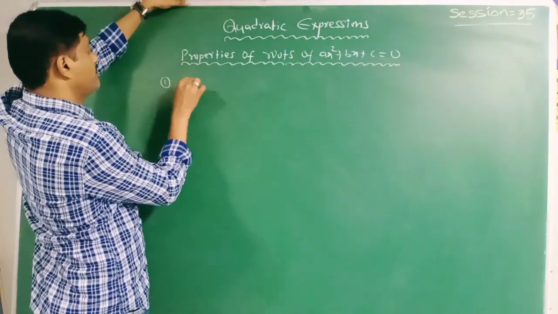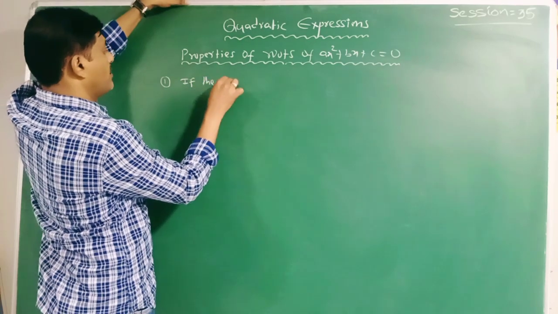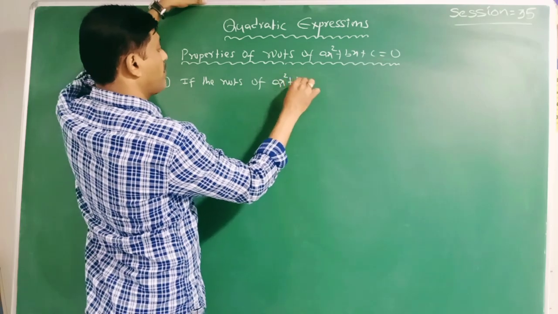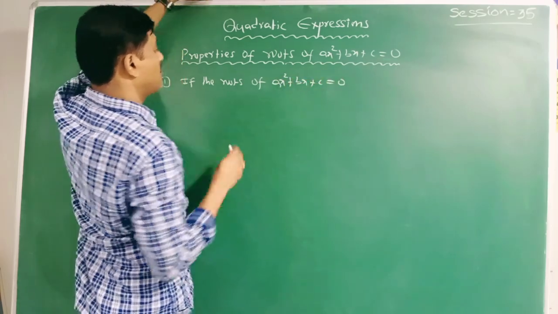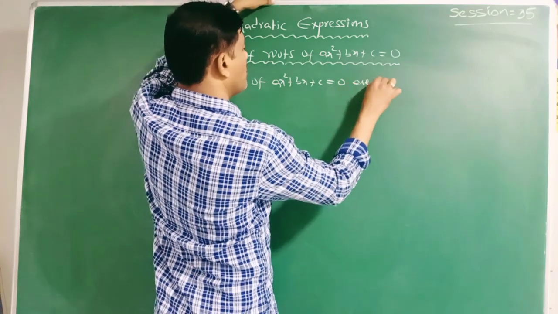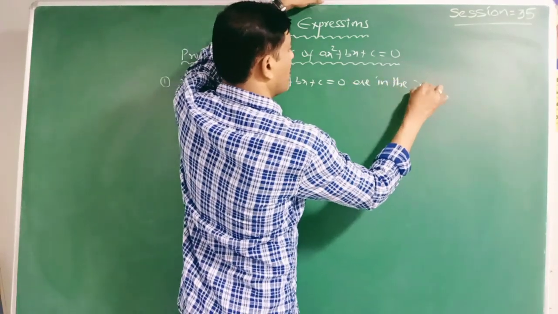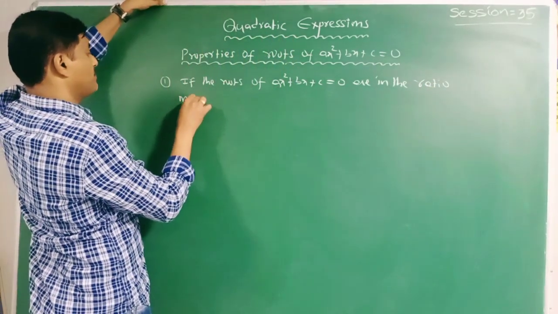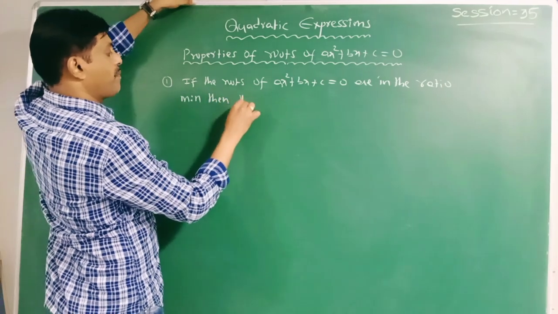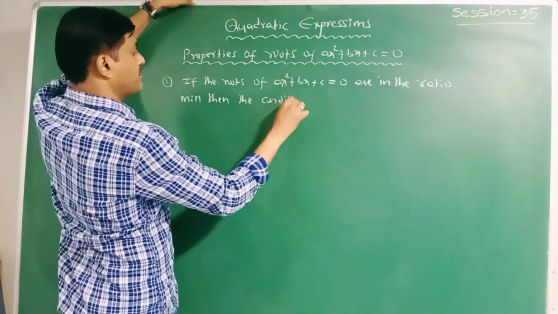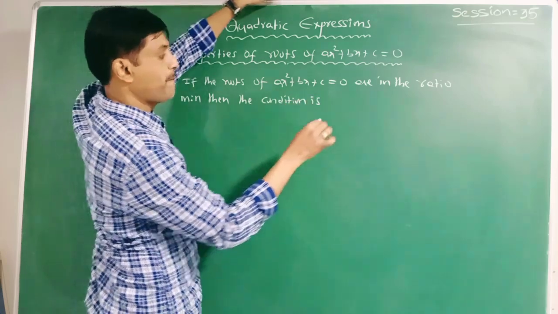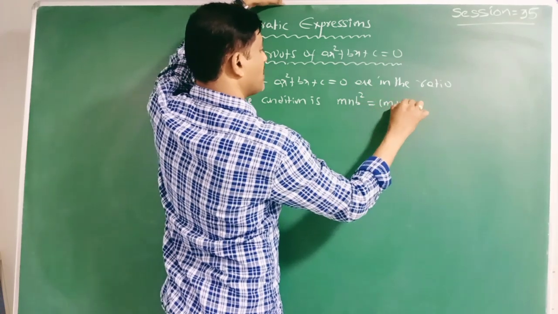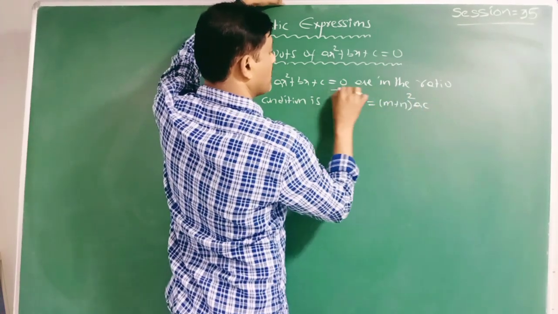First one, if the roots of ax square plus bx plus c is equal to 0 are in the ratio m is to n, then the condition is mn b square is equal to (m plus n) whole square into ac.